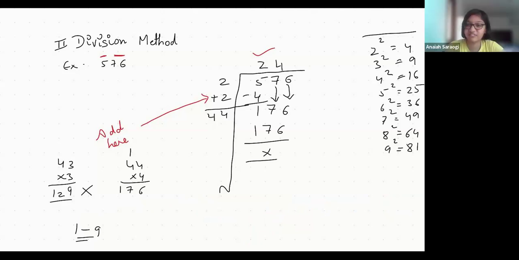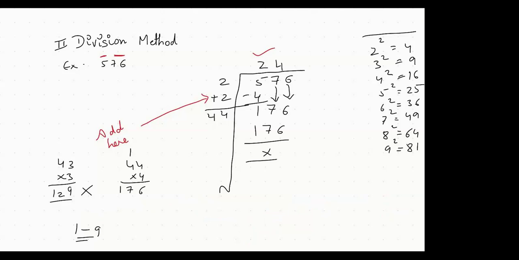Ma'am, it's very confusing. Yes, it's confusing, but we will practice a couple more questions, and then I'll give you some questions to practice. With practice, it will become clear. Now, if it is mentioned in the question to use the division method to find the square root, then you have to follow this method.